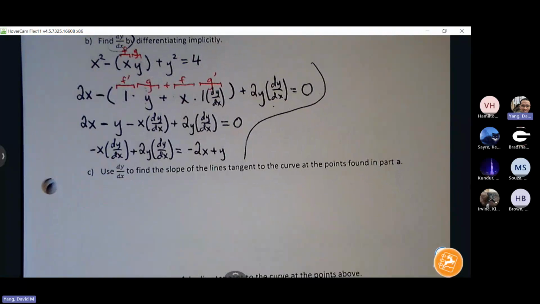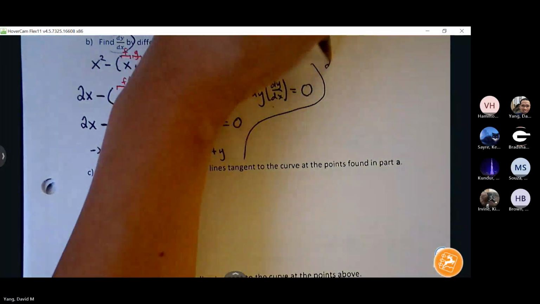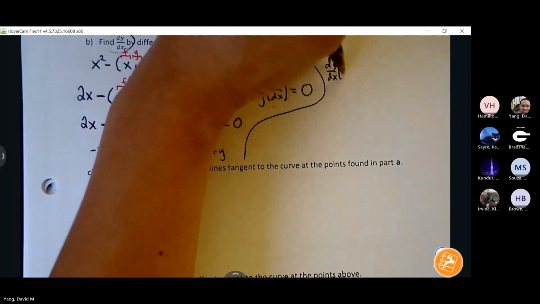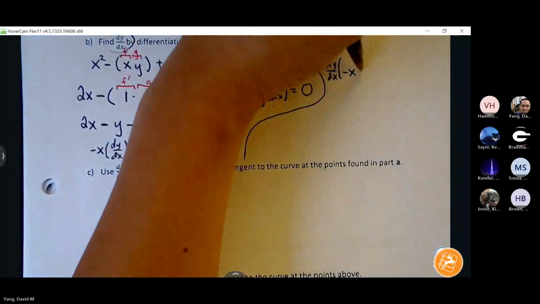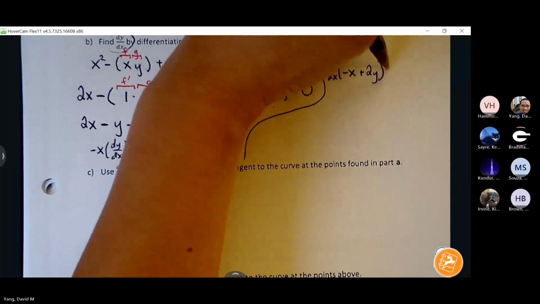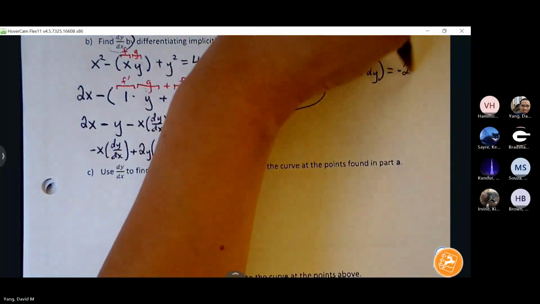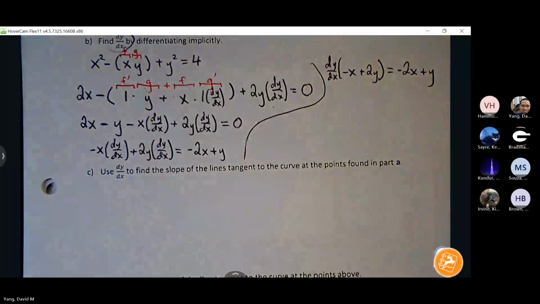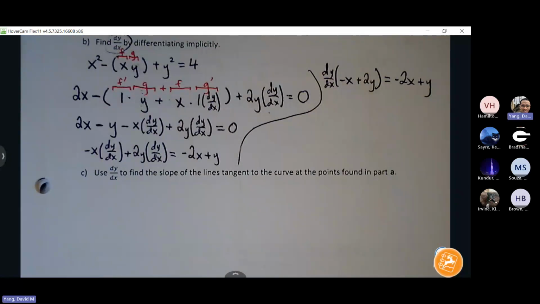Okay, factor the dy dx out. Divide the parentheses over.